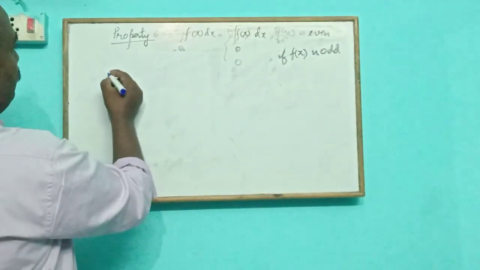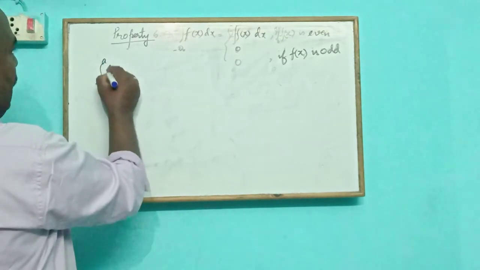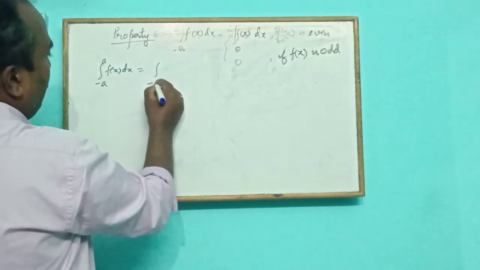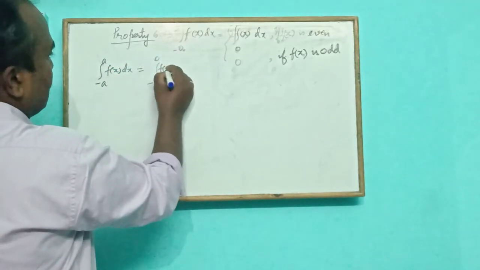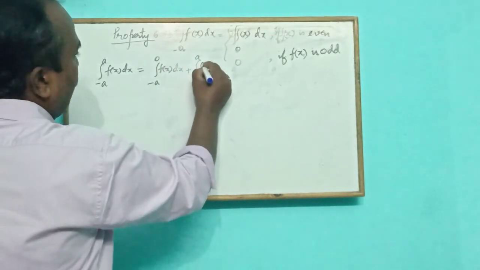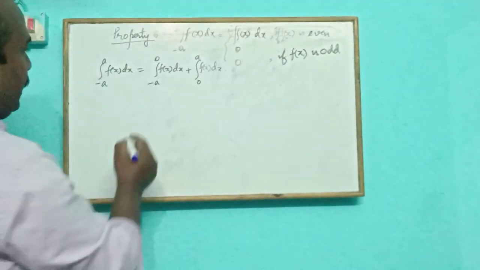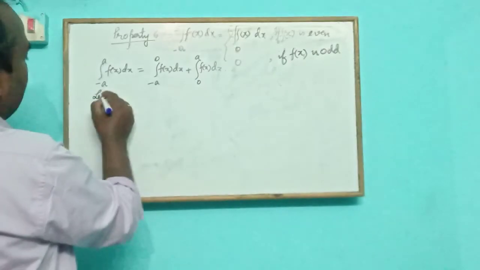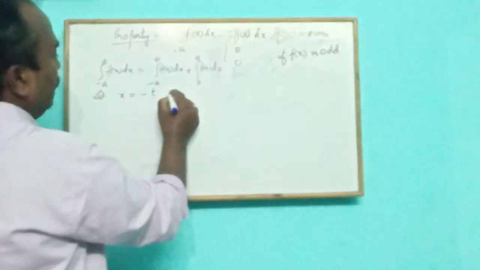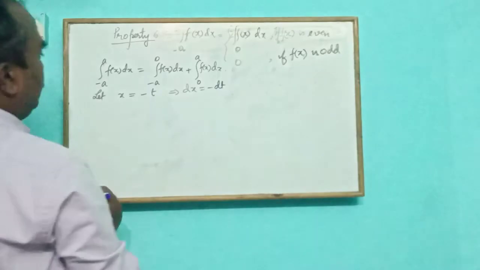Now this could be written as integral minus a to a of f(x) dx as integral minus a to 0 of f(x) dx plus integral 0 to a of f(x) dx. Now if we take x is equal to minus t, then dx equal to minus dt.